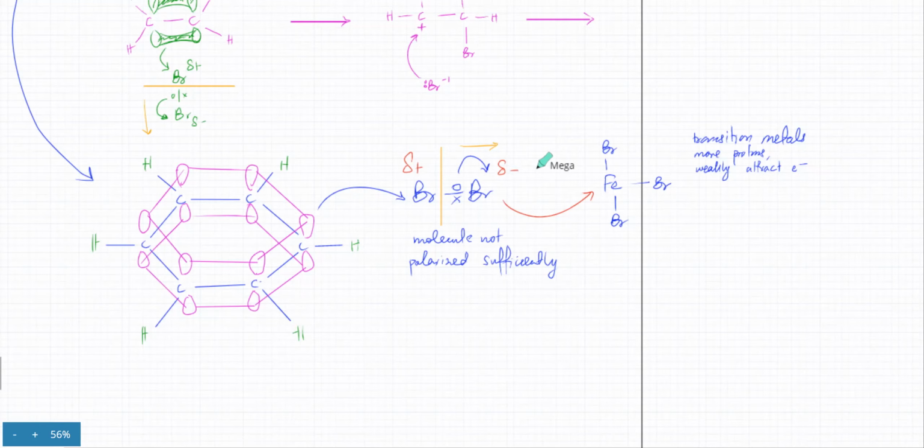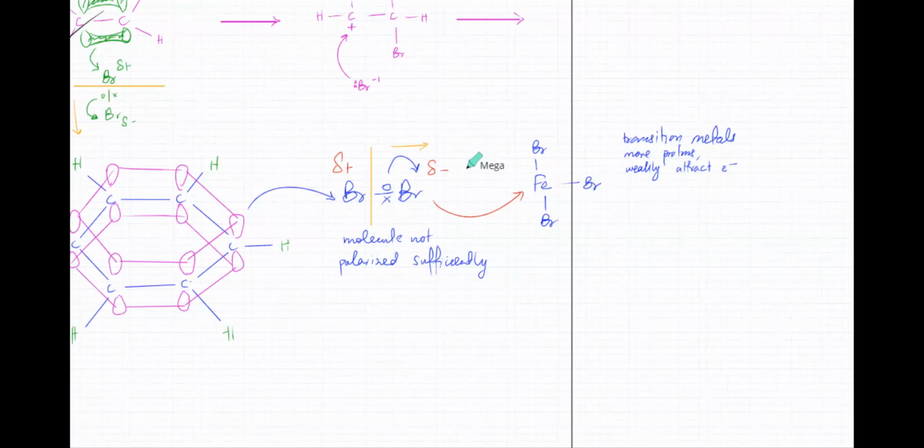So then you have the next thing. The polarization happens.